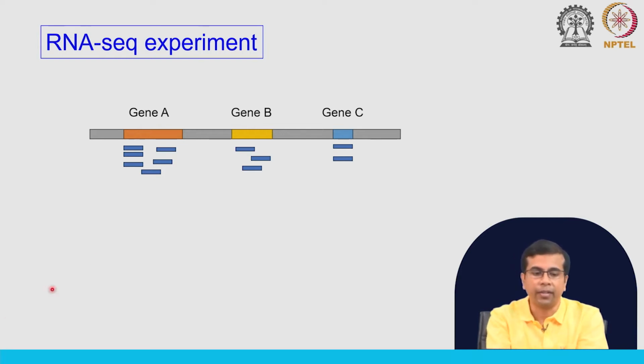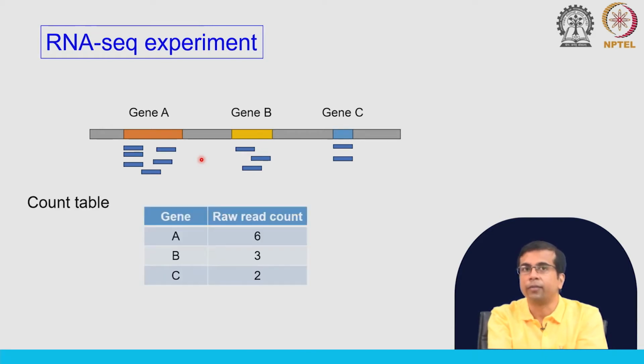So, let us look at this example. We have these three genes, gene A, gene B, gene C, and we have these blue reads mapping to these genes. We are not talking about exons or isoforms, just keep it very simple here. We are seeing these reads that map to gene A, gene B and gene C in an RNA-seq experiment, and what we generate is raw count data. This is something we have seen.